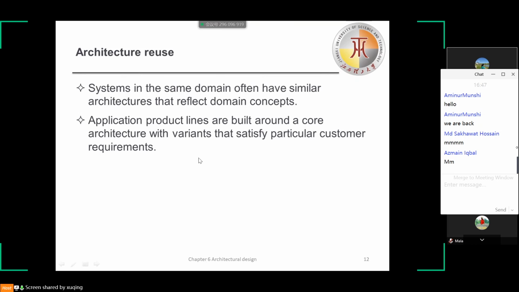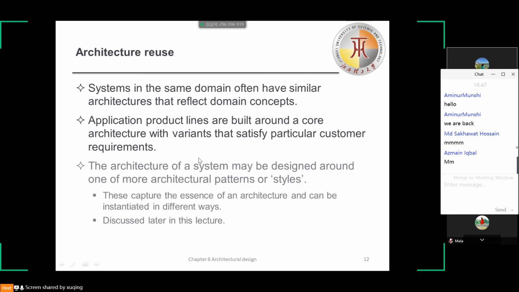And we need to decide how much knowledge from these application architectures we can reuse. The architecture of a system may be designed around one or more architectural patterns or styles. These capture the essence of an architecture and can be instantiated in different ways. We'll see these points in detail later.